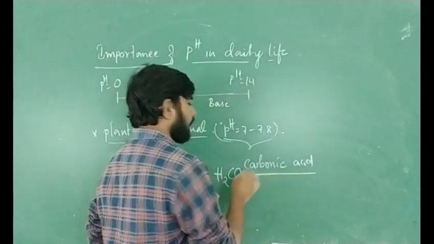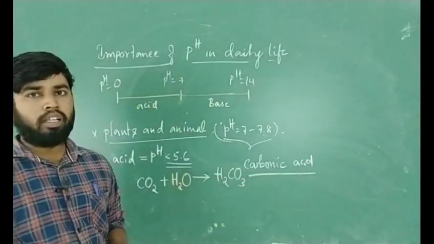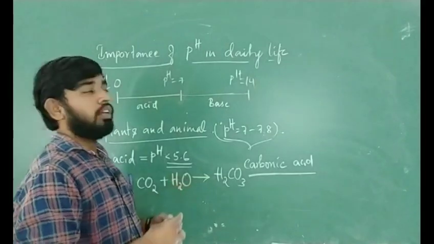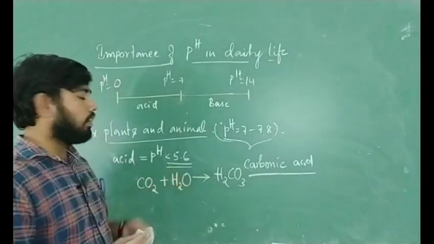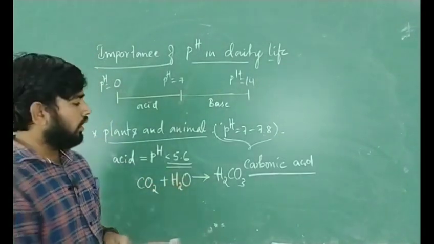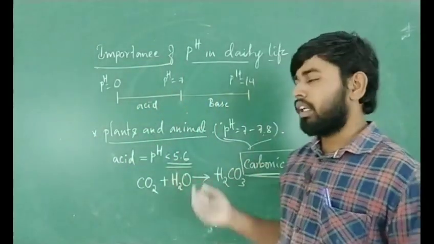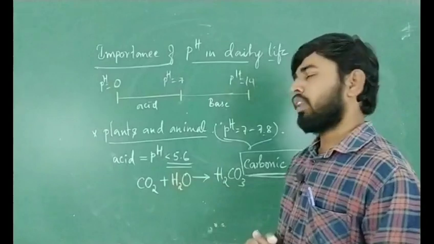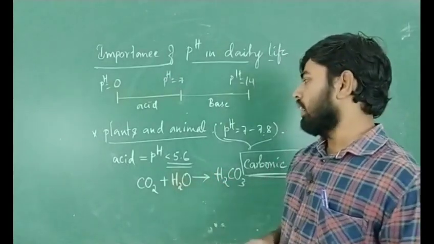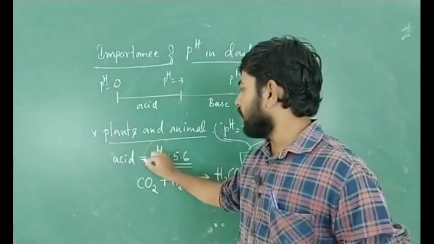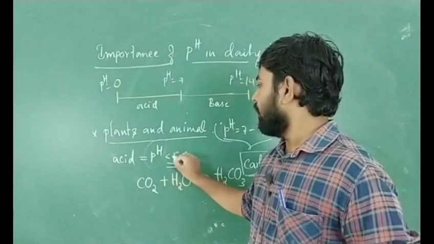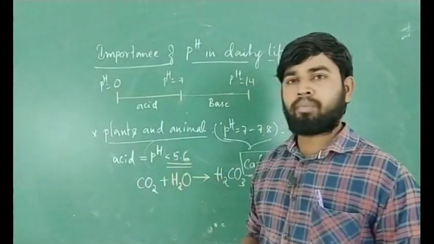Remember, this carbonic acid is a weak acid. Then it is not going to affect, no? Then why should we bother about acid rain? Generally, if the quantity of carbon dioxide is more in the rainwater, then the pH will decrease to less than 5.6.